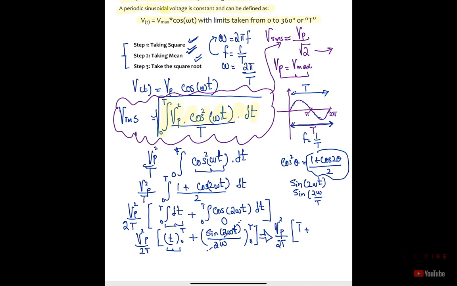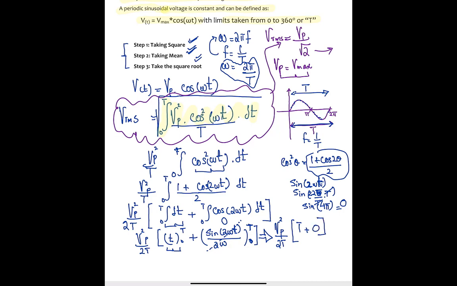Because remember, omega is 2 pi over T. So this will be 2 pi over T, and then this 2 right here will be over here, 2 times 2 pi over T, and then t will be replaced by this T over here. This T and this T will cancel out, so I will basically have sine 4 pi. Sine 4 pi is equivalent to 0, and also when I put this 0 in the sine, that is also going to be 0, so I get 0 here.